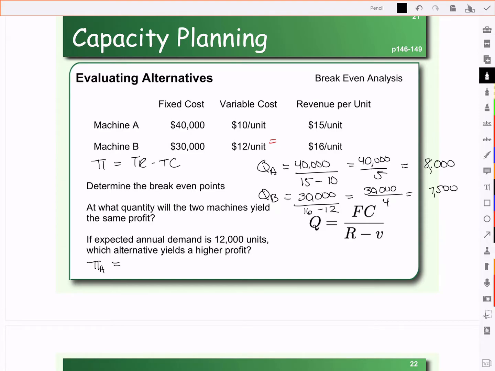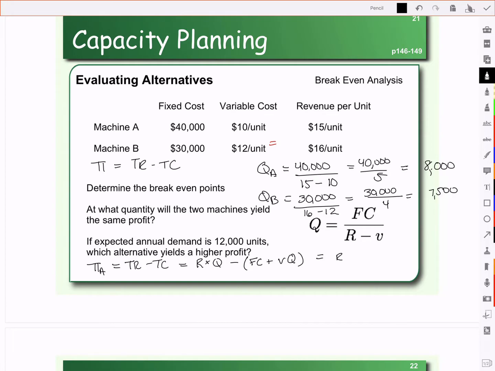Well, if profit is total revenue minus total cost, then that's going to be our revenue times quantity minus, and make sure you put in brackets, the fixed cost plus the variable cost times quantity. Because it's a bracket here, that's telling you this negative in front of it goes to both the fixed cost and to the variable cost. So we need to take our revenue times our quantity minus the fixed cost minus the variable cost times quantity. So notice this negative here goes to everything that's in the parentheses.